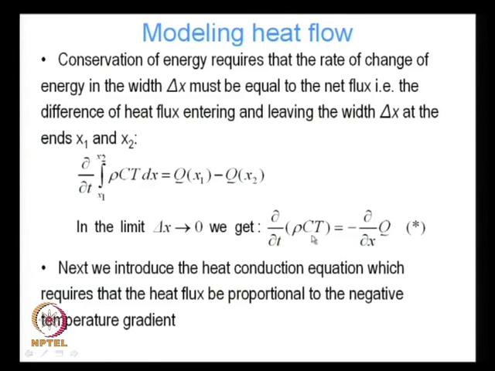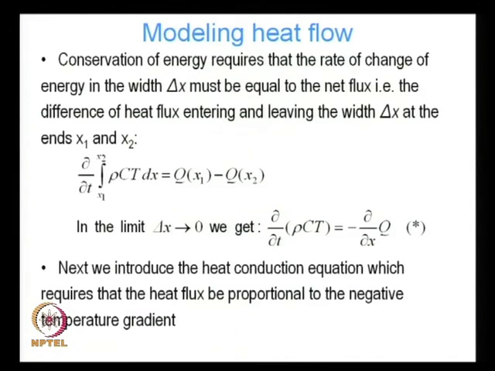We have del t of rho C T is equal to minus del q del x. So, q at x1 minus q at x2 I can represent as del q, in the limit that x1 minus x2 tends to 0, and this integral becomes a derivative.